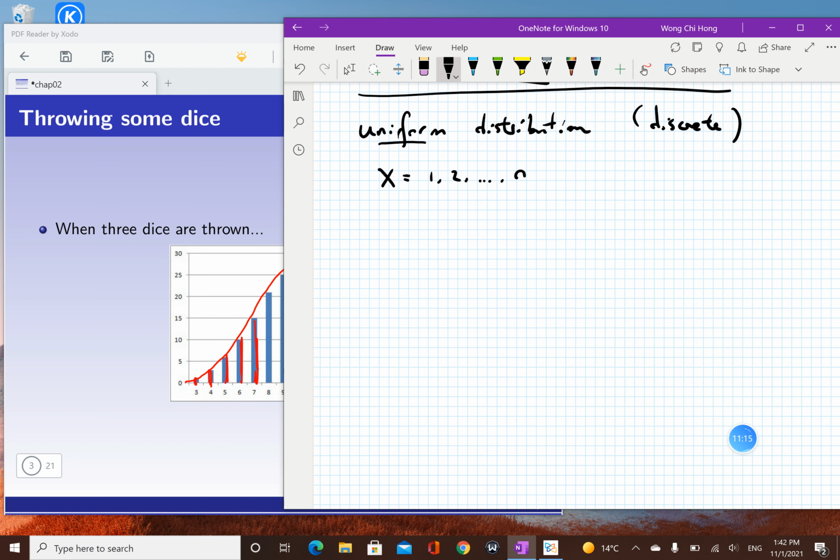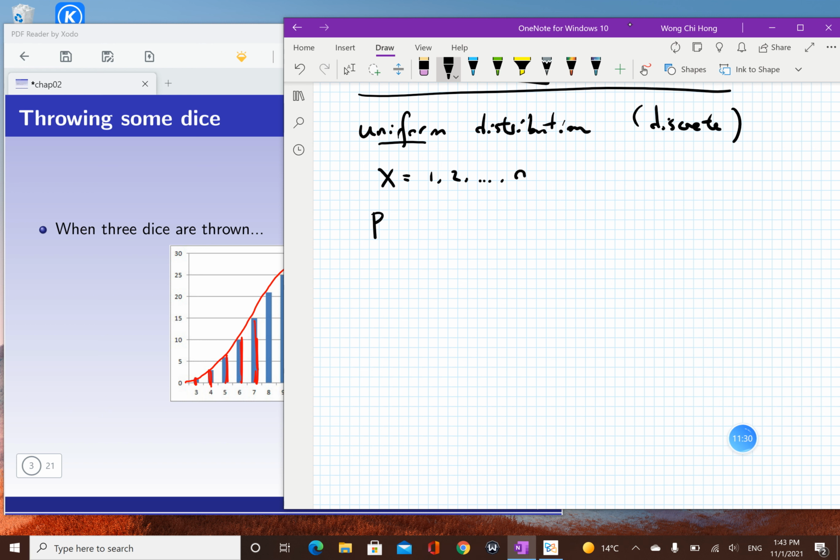I'm doing the discrete version of the uniform distribution, so that your x goes all the way from 1 towards n. Like a coin, just 1 and 2. Like a die, that's 1 to 6.